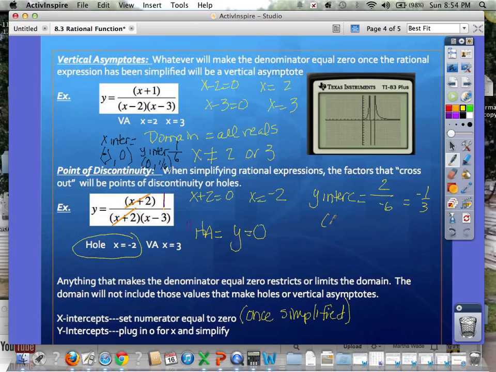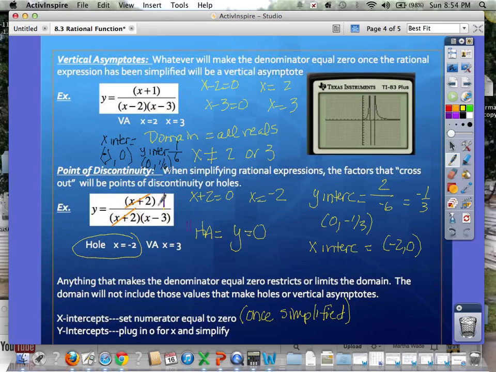So my y-intercept would be 0, negative 1/3. Now, my x-intercept, I set the numerator equal to 0, so my x-intercept would be, in this case, negative 2, 0. Okay, so you could be asked all of these questions based on just the graph.